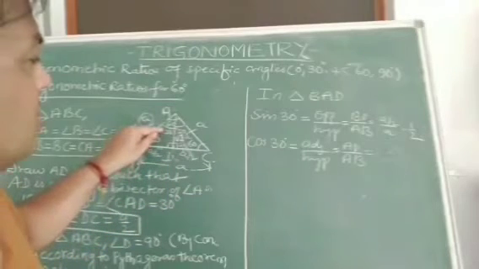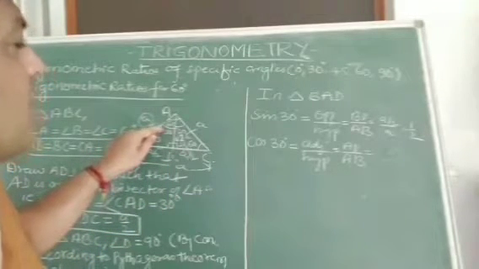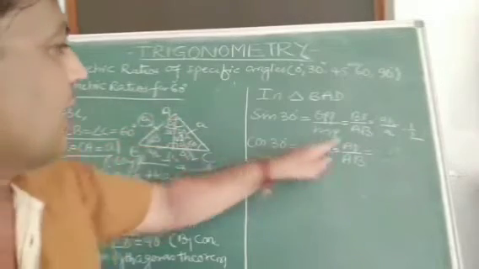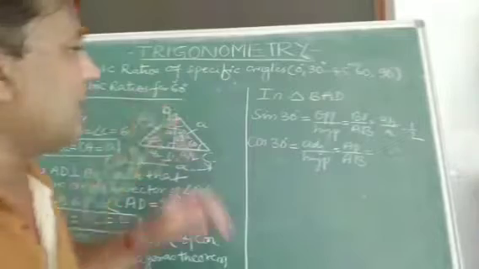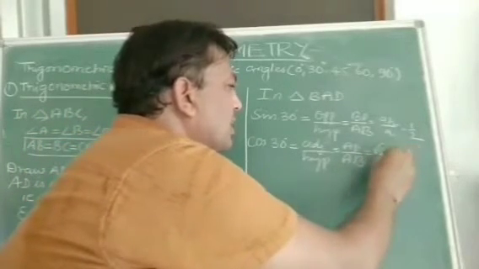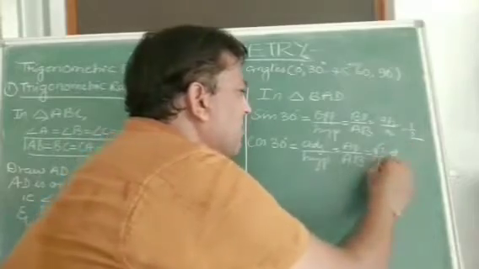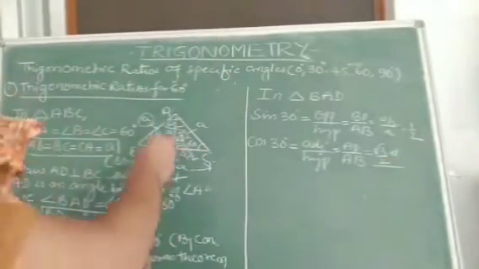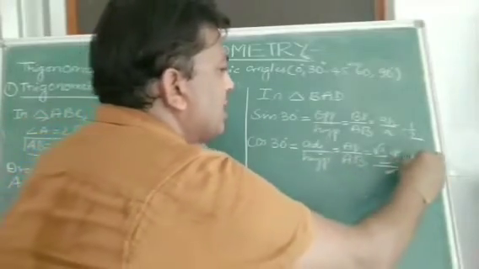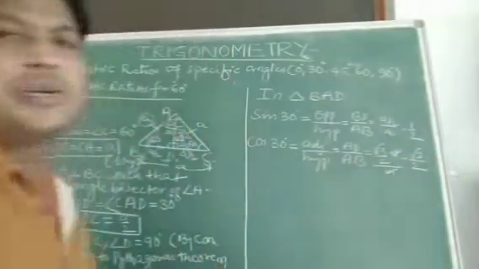Cos theta is equal to adjacent upon hypotenuse. With respect to this angle, the adjacent is AD upon hypotenuse. AD how much, children? Root 3 by 2 A, and AB value is A. So again A cancels, and you will get root 3 upon 2, children.